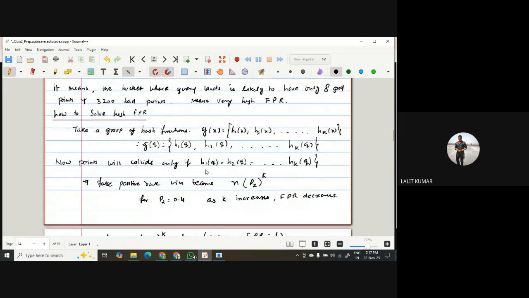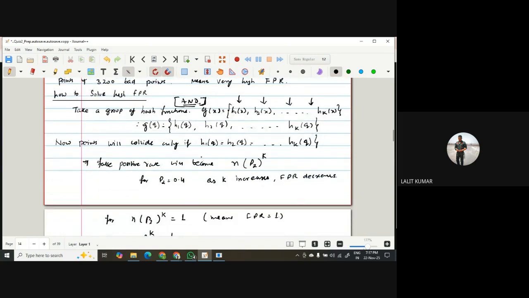So how to solve this? We make a family of hash functions, and we say that every hash function will have to collide, only then will it be a good point. So here we are using AND, that for all hash functions, the query has to collide with that point.